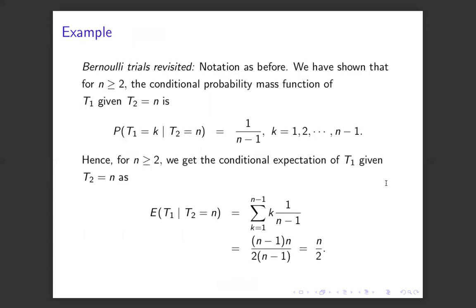Okay, so to make this idea somewhat concrete in our mind, we will look at a concrete example, namely, once again, Bernoulli trials. We have already shown that if little n is greater than or equal to 2, then the conditional probability mass function of T1 given T2 equal to n is: probability T1 equal to k given T2 equal to n is 1 over n minus 1, for any k between 1 and n minus 1.